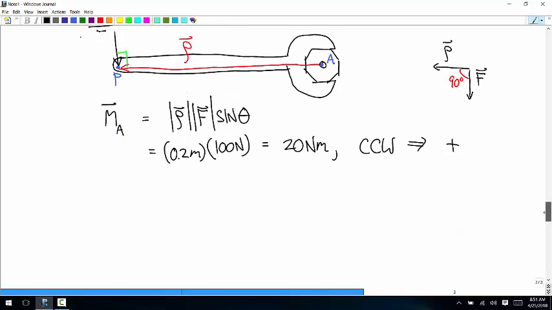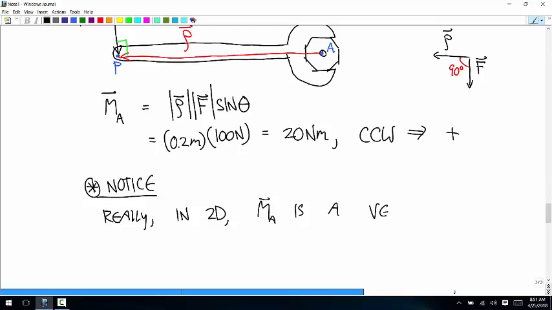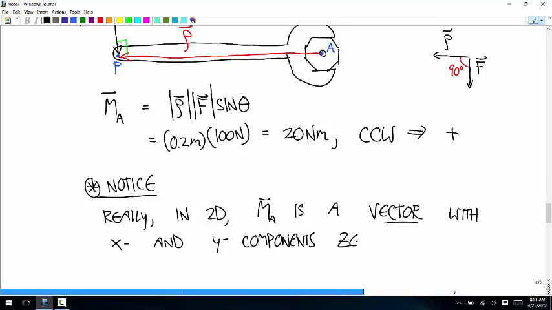And really, notice, really in 2D, the moment is a vector with x and y components zero.